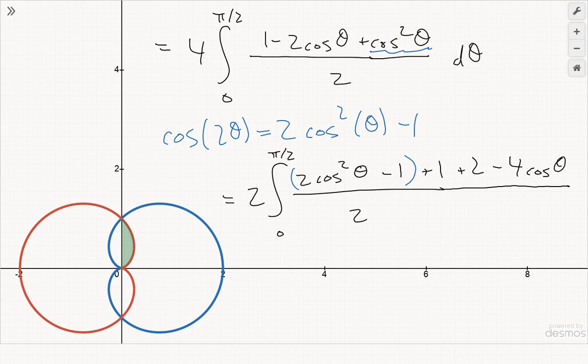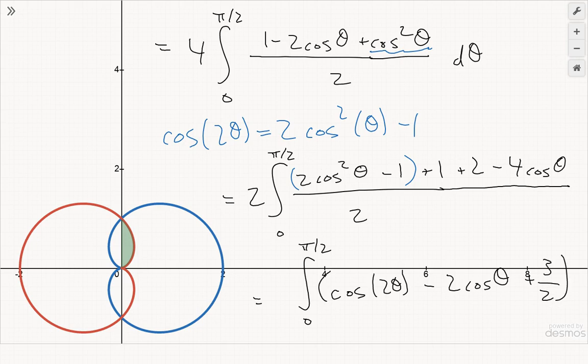So this becomes the integral from 0 to pi over 2 of cos 2 theta minus 2 cos theta plus 3 over 2, and then this is all d theta.